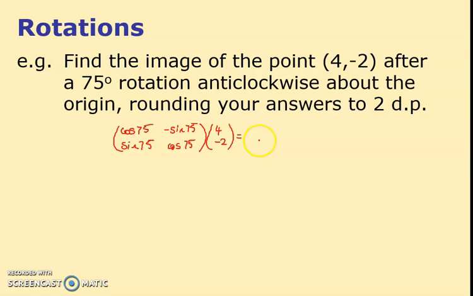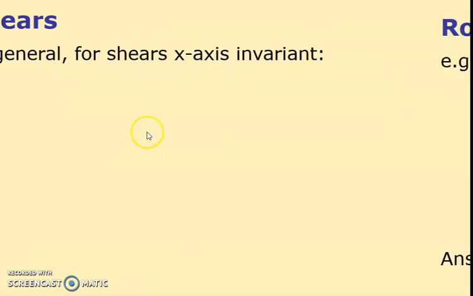You're going to get an answer from that, and it won't be very pretty because it's to 2 decimal places. Make sure you say you're in degrees. Other than that, that's what I got when I did it. So not very pretty, but fine. If that's what you got to do, that's what you got to do. More often than not, you get nicer degrees than 75. You might get 60 degrees or 30 degrees or 45 degrees. One of the special angles.